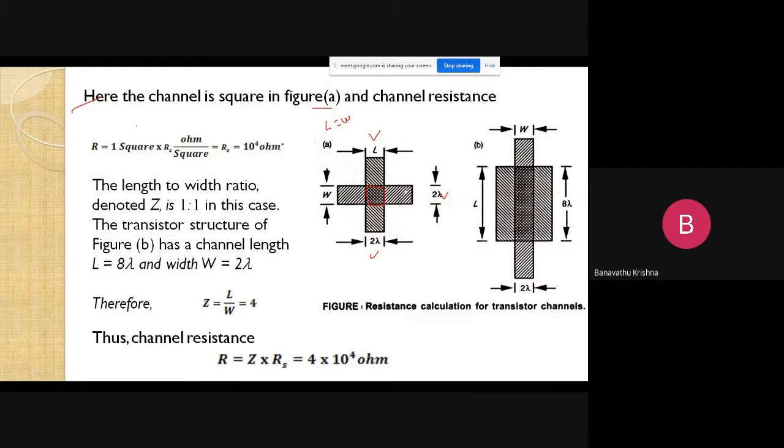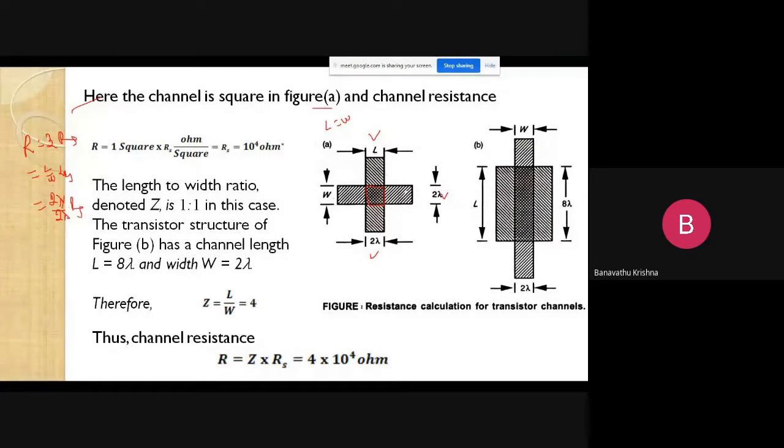So I want to calculate the resistance. Resistance equals Z into Rs, where Z is the L by W ratio. That is 2 lambda by 2 lambda into Rs.